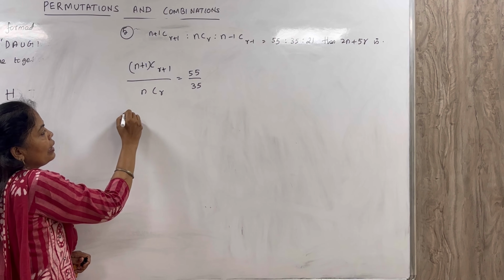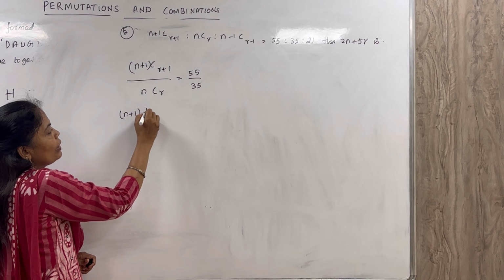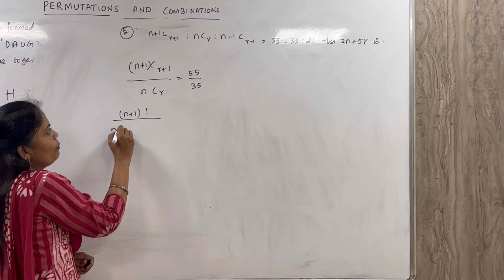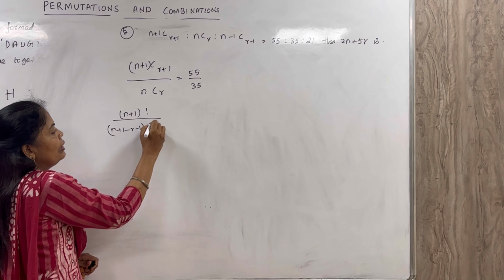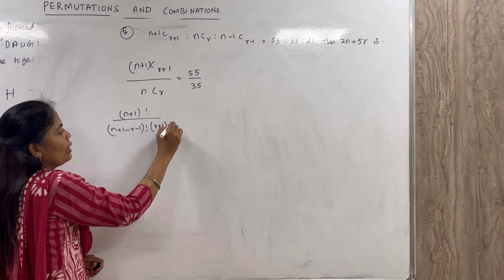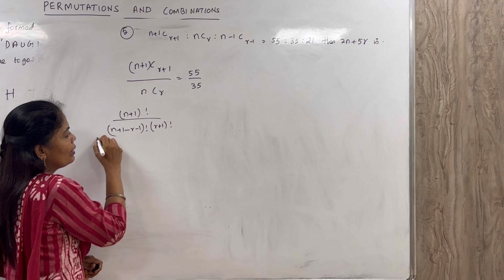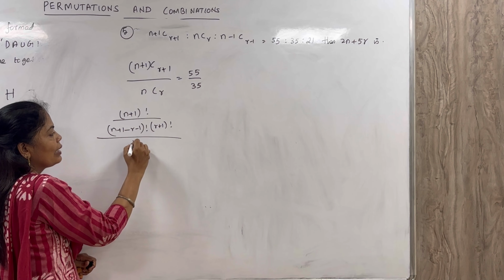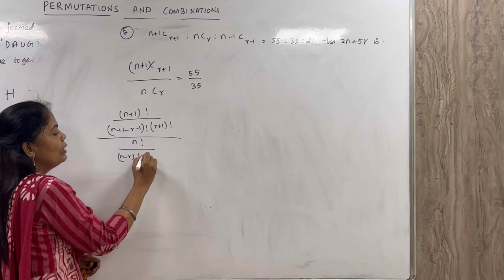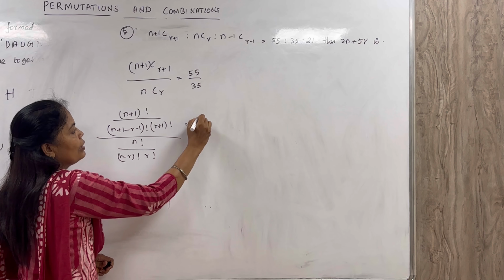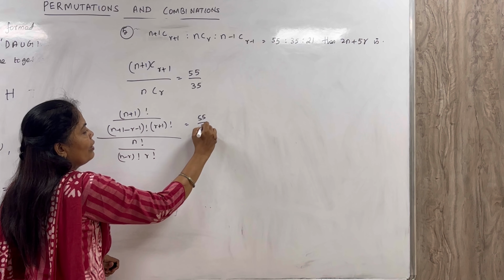So use the formula (n+1) factorial by (n+1-r-1) factorial into (r+1) factorial. This is the first part, the numerator, divided by nCr, which is n factorial by (n-r) factorial into r factorial, equal to 55 by 35.